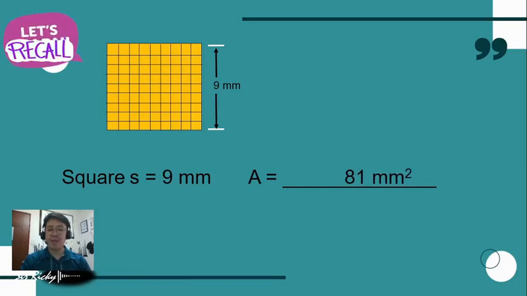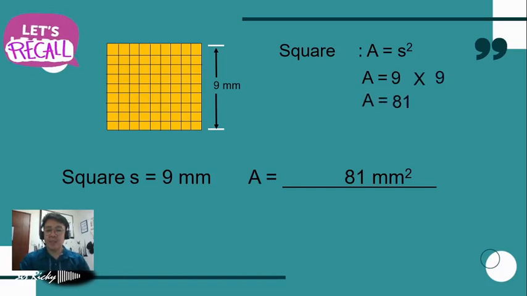Or we can follow the formula A is equal to S squared, or S times S. Area is equal to 9 times 9, which is 81. Then just write the units used, which is square millimeters. Therefore, the area of a square with 9 millimeters each side is equal to 81 square millimeters.